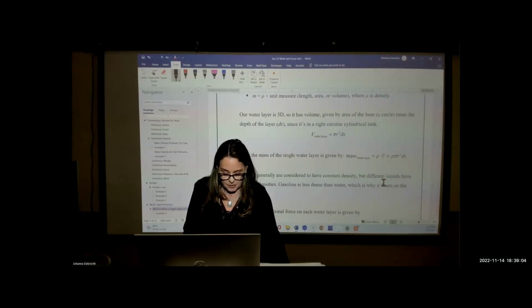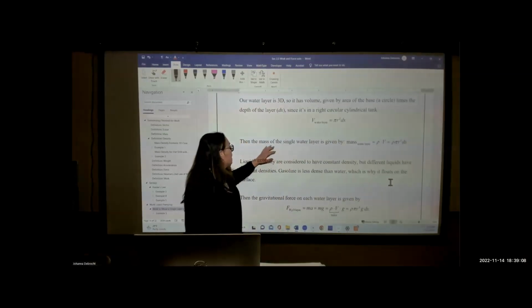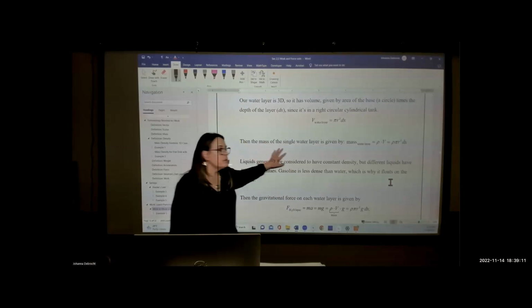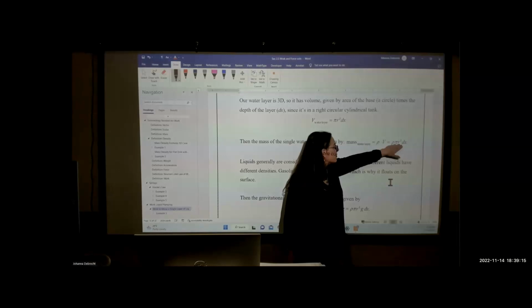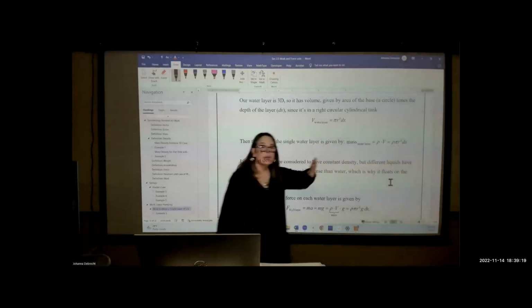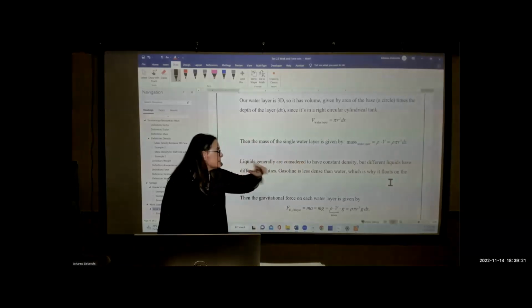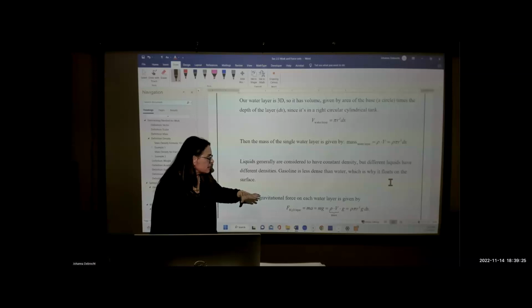We've got the volume of the water layer, which is pi r squared dx. And we know that the mass is given by the density times the volume. So we take density and multiply by pi r squared dx. So this now gives us the mass. And then we have to multiply the mass by the acceleration due to gravity.